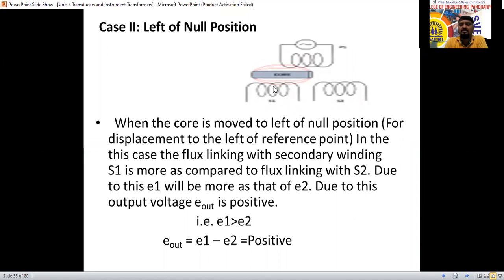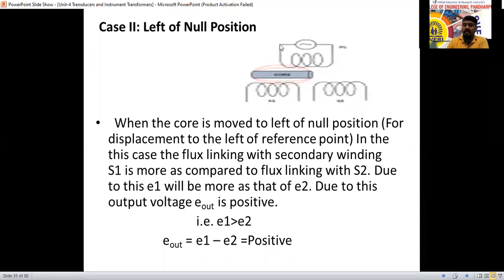The flux linkage of secondary coil S1 is more, so the EMF induced in S1, that is E1, is greater than E2. So the EMF induced in S1 is greater than the EMF induced in S2, then E1 is greater than E2.